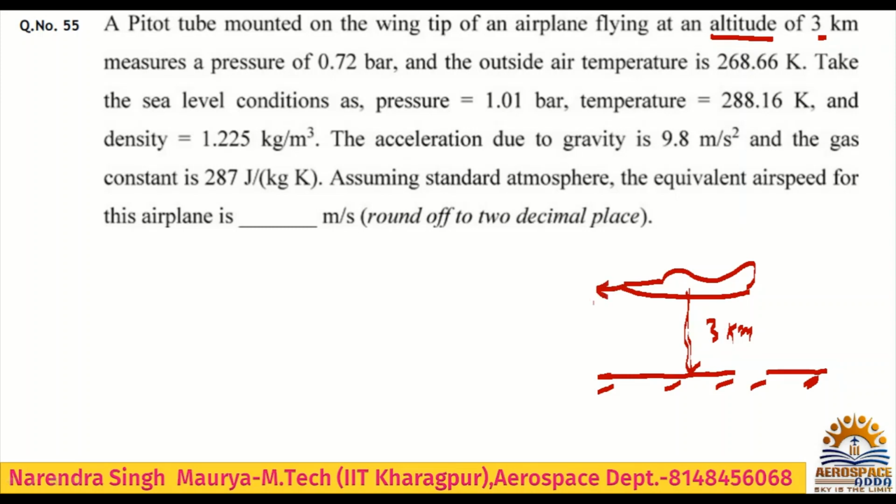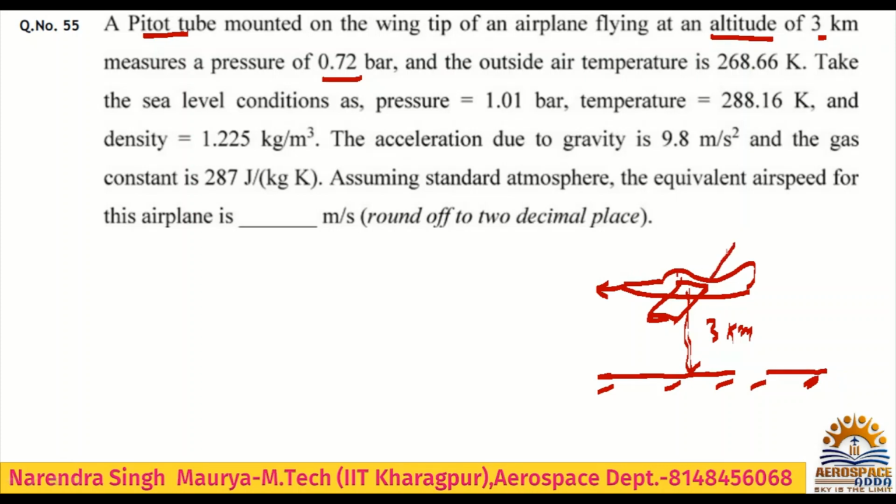All right, let us listen to this. It measures a pressure of 0.72 bar. So if the pitot tube measures, obviously it will be total pressure, no doubt about it, because the pitot tube is basically used to measure total pressure. So here we have the pitot tube, and many times the pitot tube is installed on the main wing.